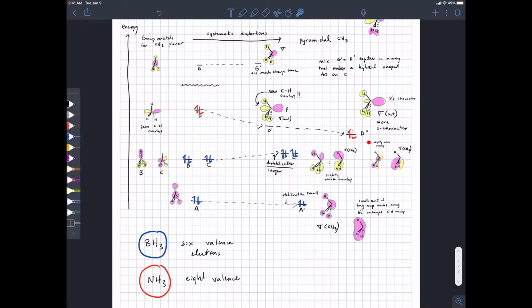But if we make ammonia pyramidal, those electrons get to be in the sigma out orbital, where there is overlap between the orbital on carbon and the s orbitals on hydrogen. And there's also more s character than you would have gotten in the original p orbital. So it's more favorable for those electrons to be here. So simply based on counting electrons with this picture of orbitals, we can predict totally what the geometry should be.